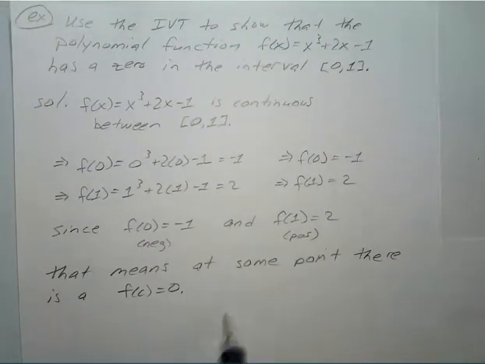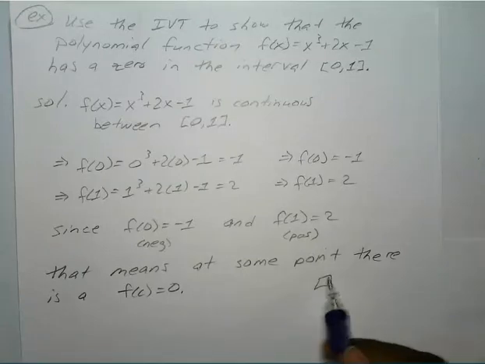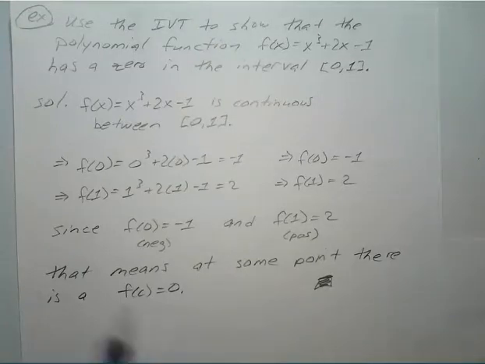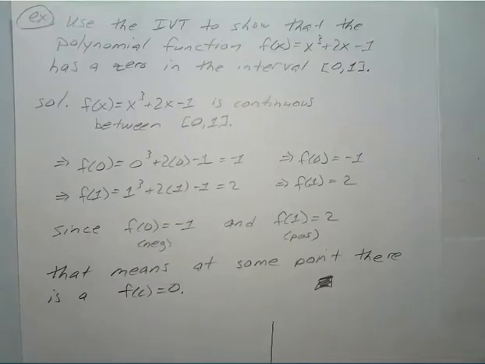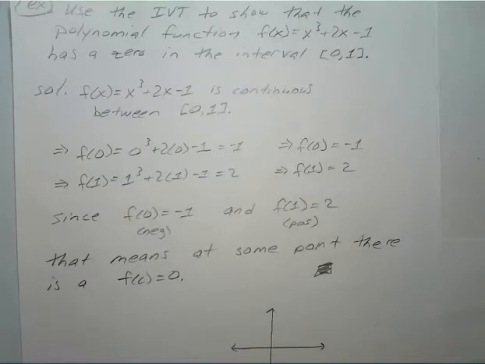Okay, so just to clear it up, that's your answer here. You just proved that the 0 exists. Just to show you visually what we mean, let's say f of 0 equals negative 1.